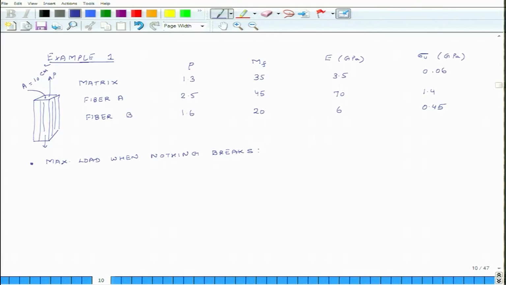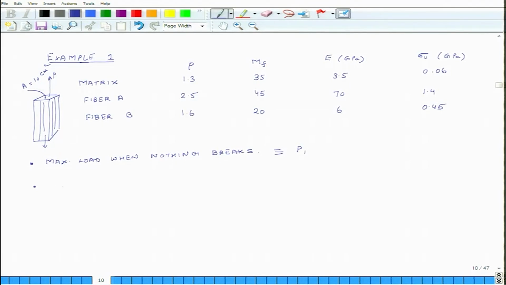If I increase this load beyond this threshold, something will break, either the matrix or fiber A or fiber B. So, what is that maximum load? Let us call it P1.